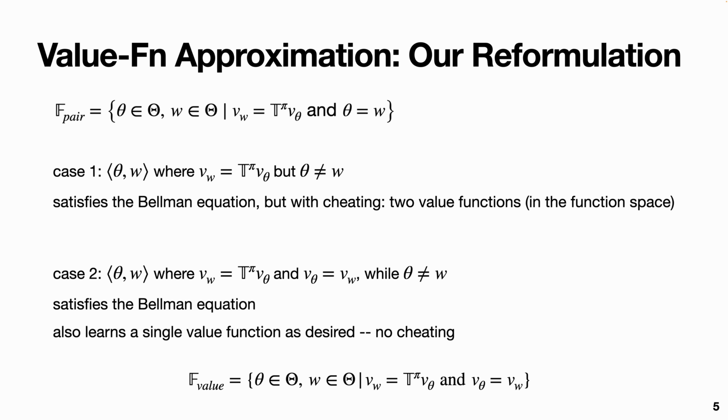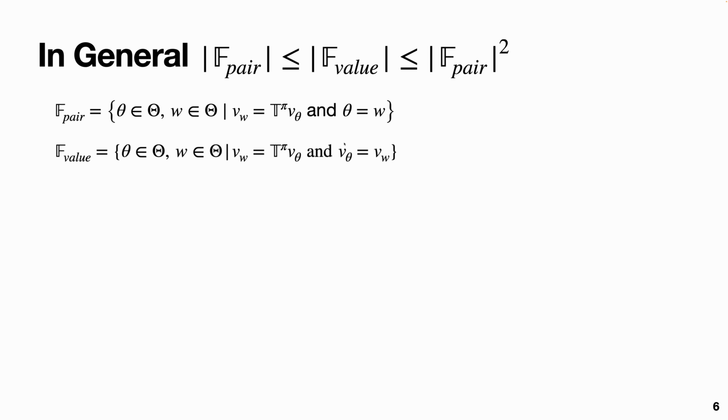So if you think about the slightly more general set that we are interested in this lifted space, it's one where we satisfy the Bellman equation and also have the two value functions resulting from theta and w be the same. Let's juxtapose these two sets. What we are now saying is let's substitute this constraint in the parameter space. It seems like this constraint is really not necessary.